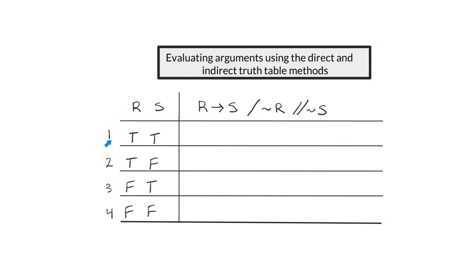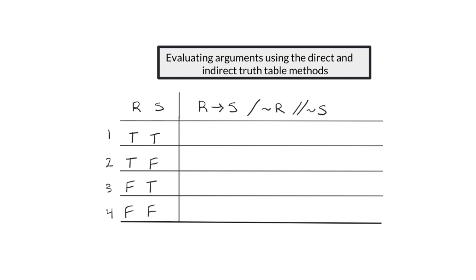So on our left side, just like always, we have our two statements of the argument, and then through rows 1 through 4, all the possible truth value combinations for those individual statements. So we should know that when we go through the direct method, we're going to use the rules that are associated with each statement.